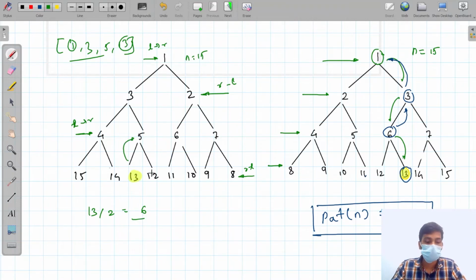Let's apply the same formula further. If I divide 5 by 2, what is the parent of 5 supposed to be? According to this formula, parent of 5 should be 2, but here it is 3. So we can say that this formula is not working on this given tree.